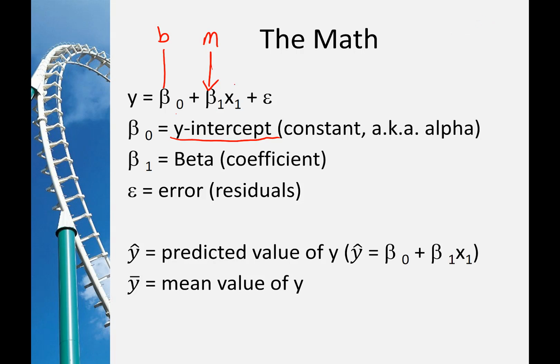x1 is still x. This is new, plus epsilon. Squiggly e. Epsilon is what we call the residuals. It's also the errors that happen. The errors are generated when the line is wrong.